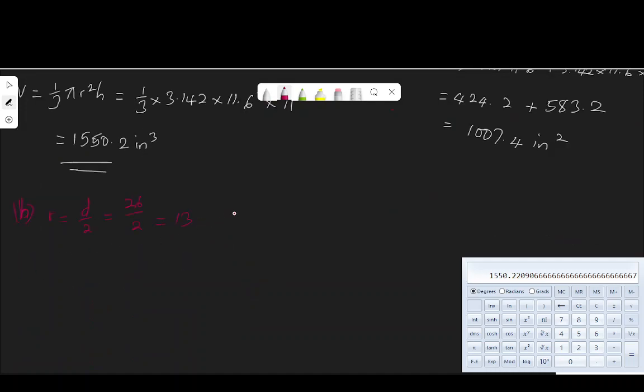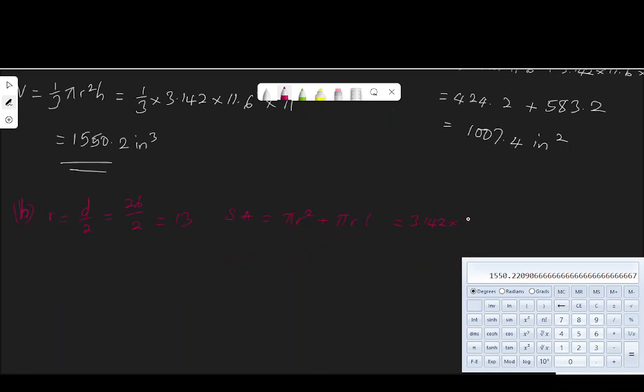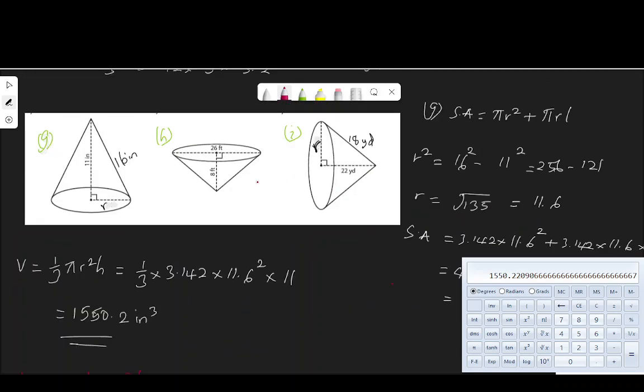The surface area is pi r squared plus pi r l, which is 3.142 times the radius, 13, squared, plus 3.142 times the radius 13 times the slant height. Here the slant height is not given, so we need to calculate it.